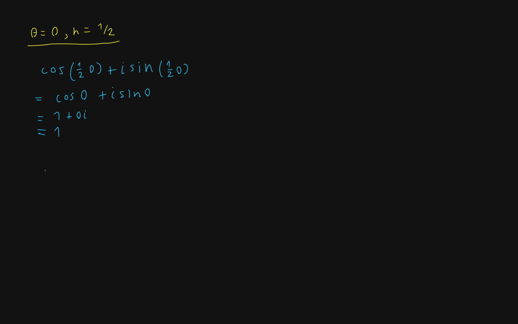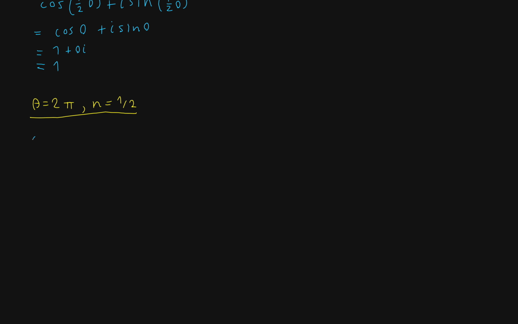So let's try that out. Now theta is equal to 2 pi, which is still in polar form, that's still 1. n is equal to 1 over 2. So we're going to have cosine of 1 over 2 times 2 pi plus i sine of 1 over 2 times 2 pi.